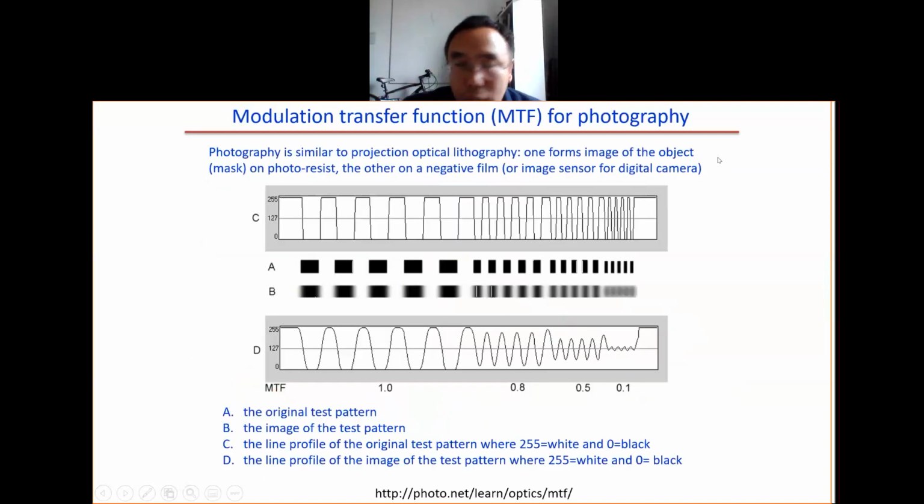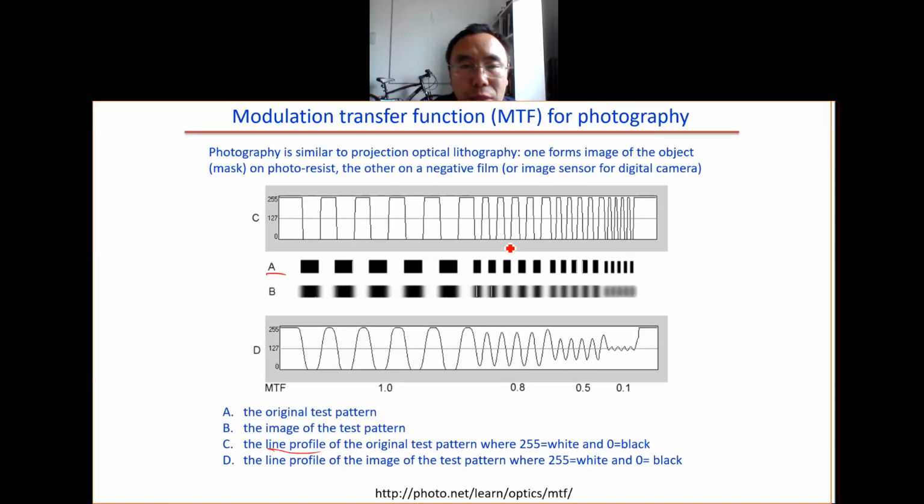Actually there is also the modulation transfer function for photography, because lithography is kind of similar to photography. A is the original test pattern, and this is the intensity. C is the line profile of the test pattern.